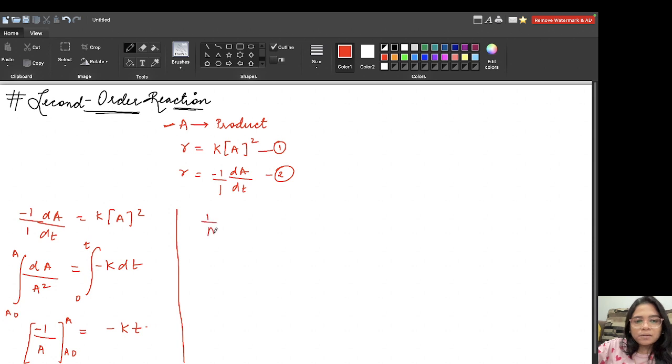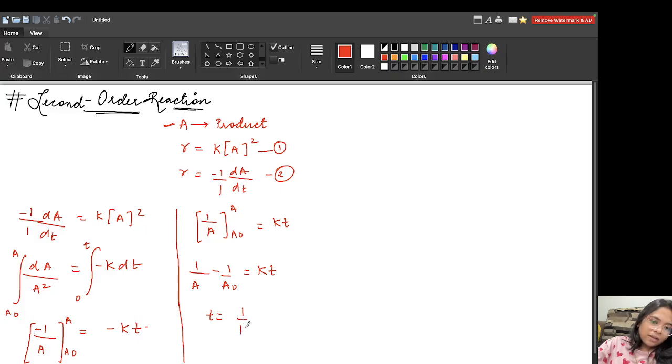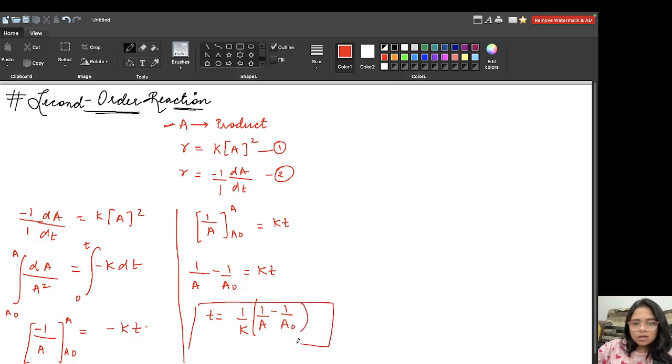What will I get? 1 by A minus 1 by A naught equals kt. Then t equals 1 by k, 1 upon A minus 1 upon A naught. That's how you represent the second order reaction.